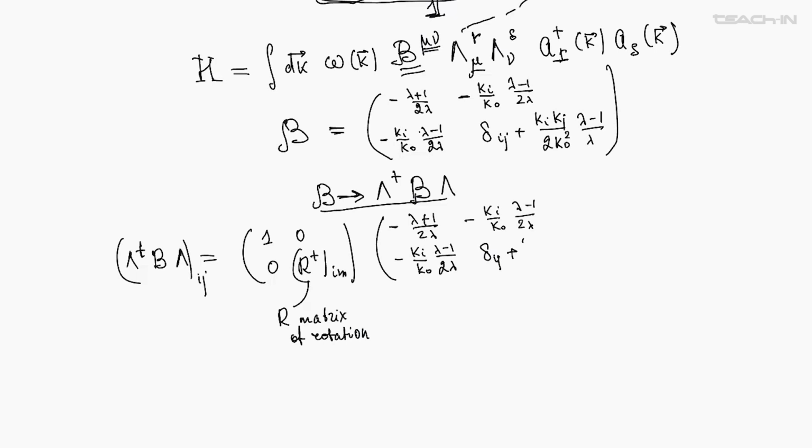And here 0, 1, 0, 0 R with indices n and j.